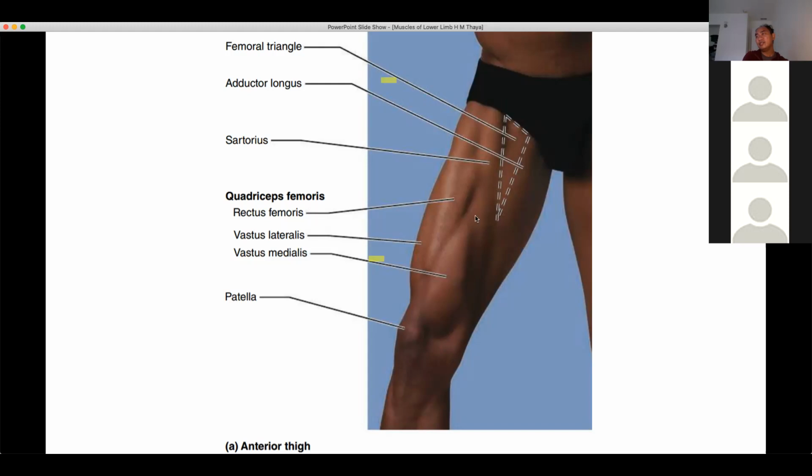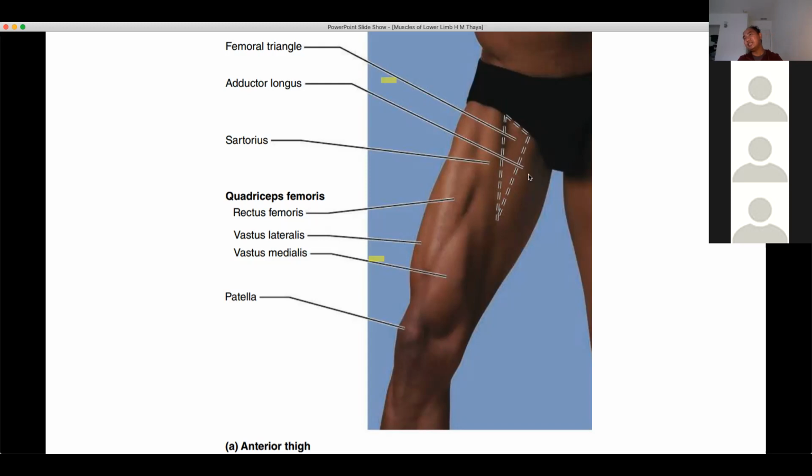Okay, and this divides into the medial adductor group and the anterior and lateral quadriceps group. The quadriceps is made of rectus femoris, vastus medialis, vastus lateralis, and vastus intermedius underneath the rectus femoris.